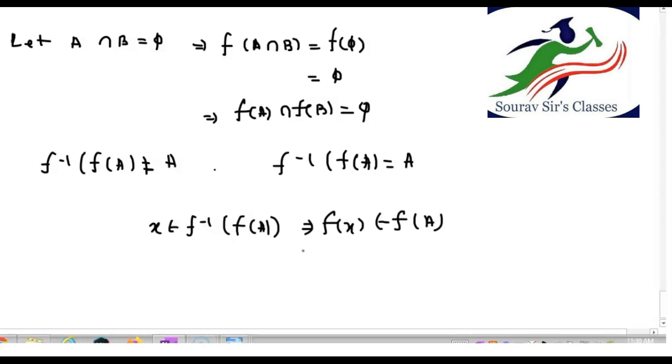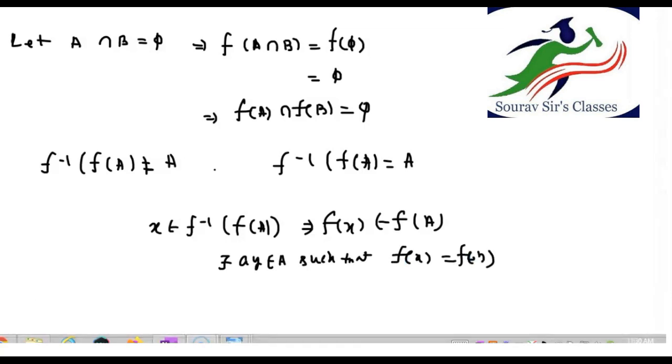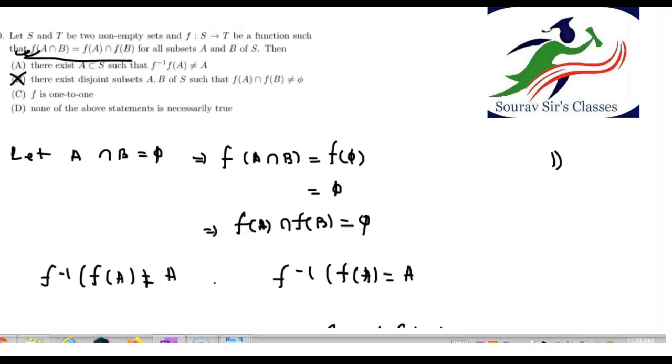Now if f(x) belongs to f(A), it means there exists y belonging to A such that f(x) is equal to f(y). From both sides, I cannot remove f unless I have shown f is one-one. So our next target is to check whether f is one-one or not. That is our option C.